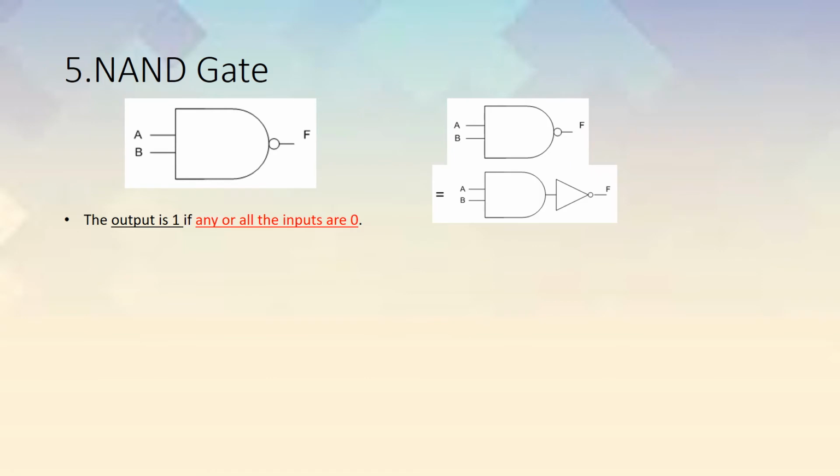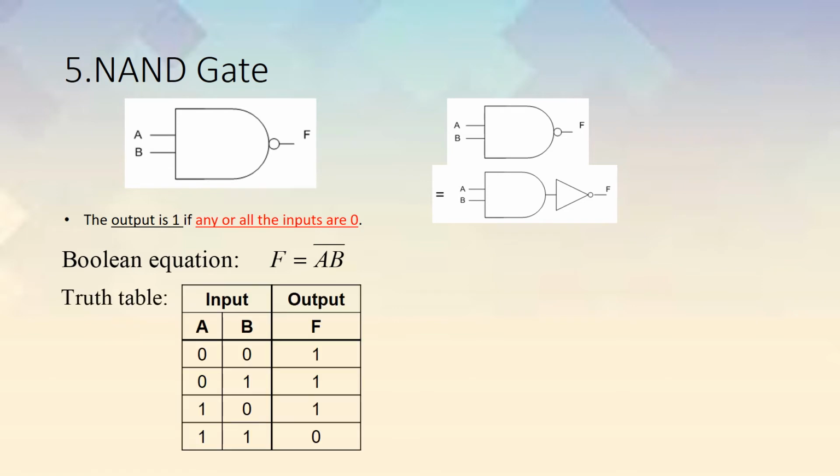The main point is the output is 1 if any or all of the inputs are 0. So the Boolean equation of the NAND gate is F equals A B bar. So we go through the truth table to understand the equation.